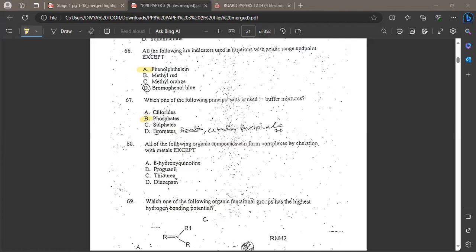Okay, someone's written sulfanilamide can exhibit both acidic and basic properties in different chemical environments. What question is this for? Number 65.